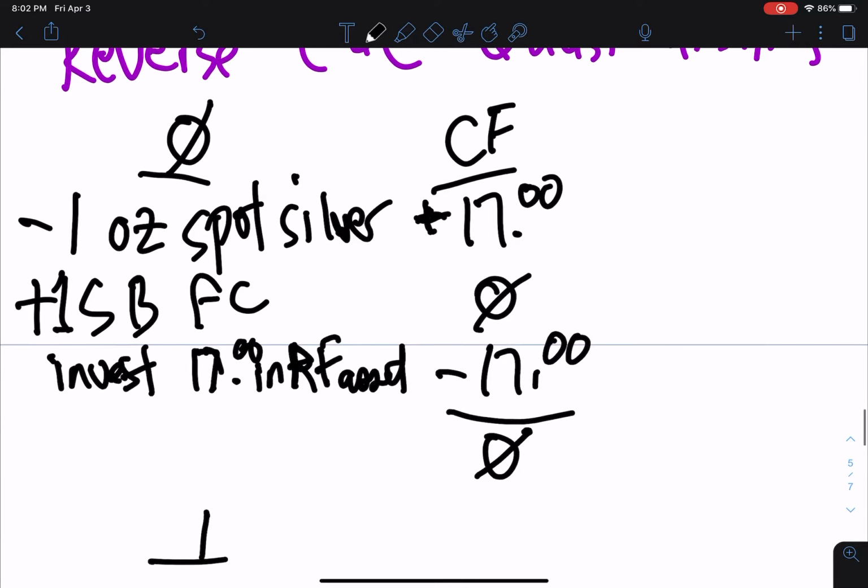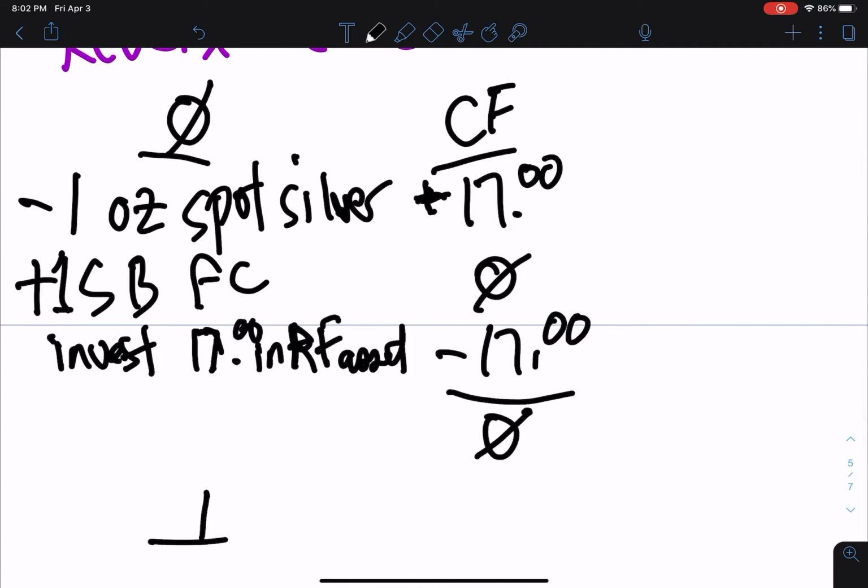Well, we owe 1 ounce of spot silver. And fortunately, we own 1 ounce of silver.